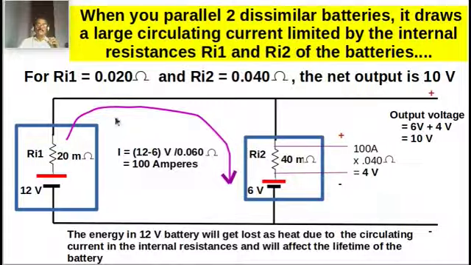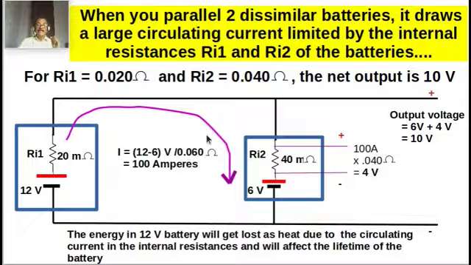The 12 volt will force a current through. How much will be the current? For the given example of 20 milliohm for Ri1 and 40 milliohm for Ri2, the current is calculated as 12 volt minus 6 volt divided by the total resistance of 60 milliohm, or 0.06 ohm. This comes to 100 amperes.